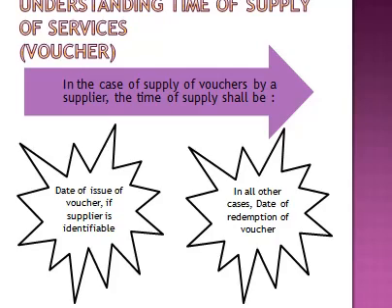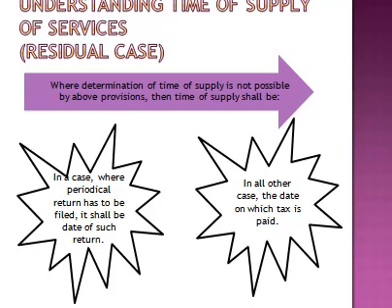The time of supply of vouchers that are exchangeable for services is the date of issue of the voucher if the supply is identifiable, or the date of redemption of the voucher in all other cases. Next, the residual method is again just a repetition of what we have discussed.